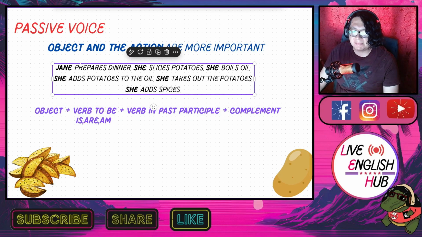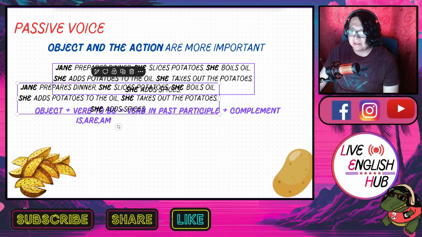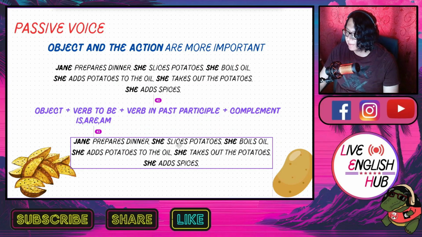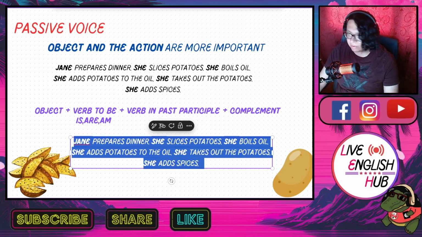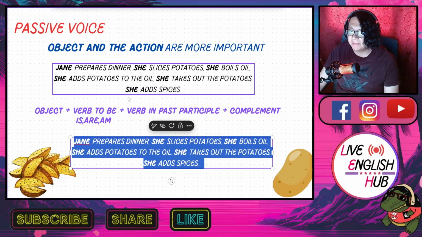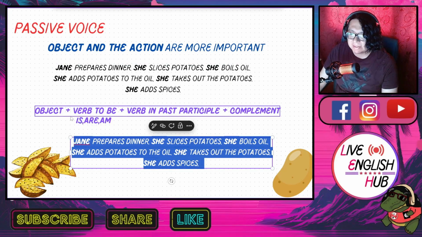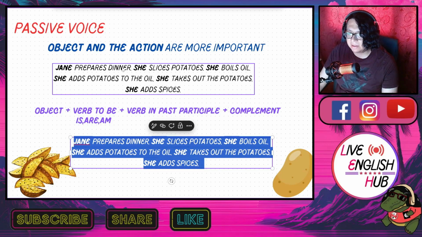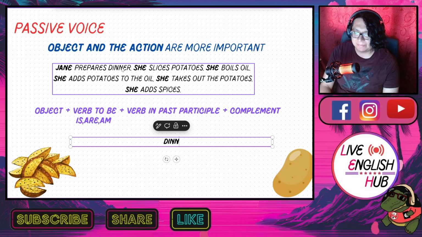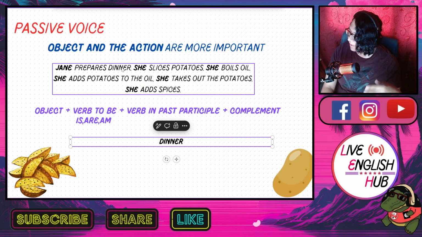Ahora, por ejemplo, vamos a empezar con esta. Vamos a hacer nuestra misma oración, pero ahora vamos a ir haciéndolo en passive voice. Por ejemplo, tenemos Jane prepares dinner. Entonces, lo que voy a hacer es que voy a empezar con el objeto. El objeto de Jane prepares dinner es dinner. So then in this case, dinner. Continuamos con el verbo to be. ¿Cuál es el verbo to be correspondiente a dinner? Is. Muy bien. Entonces dinner is.